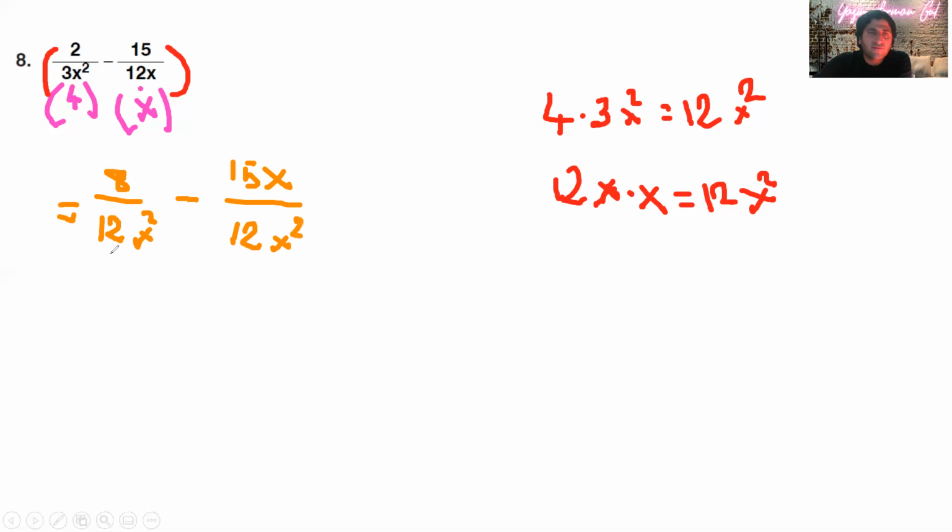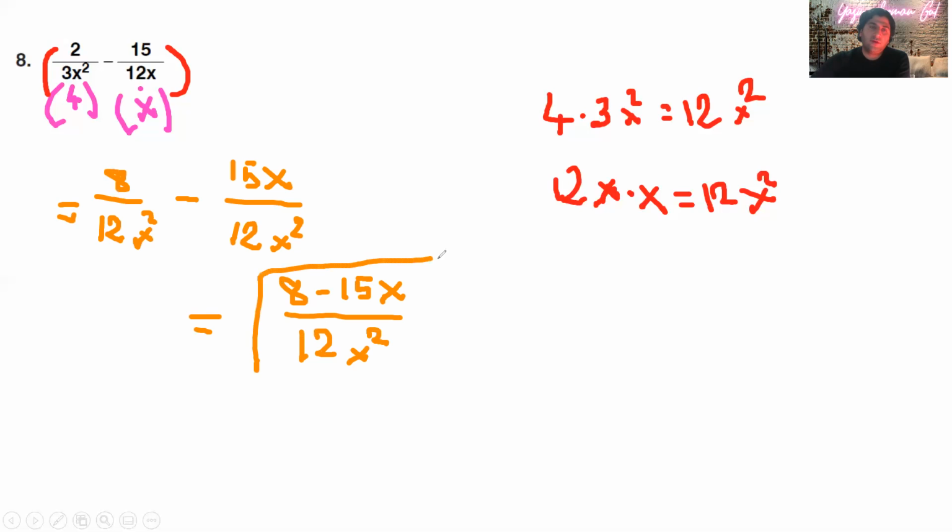My denominators are the same, so I'm going to do this: 8 minus 15x. I can't do anything to that, so it will just stay like that. That equals 8 minus 15x over 12x squared. It's going to stay just like this, so this is going to be my answer.